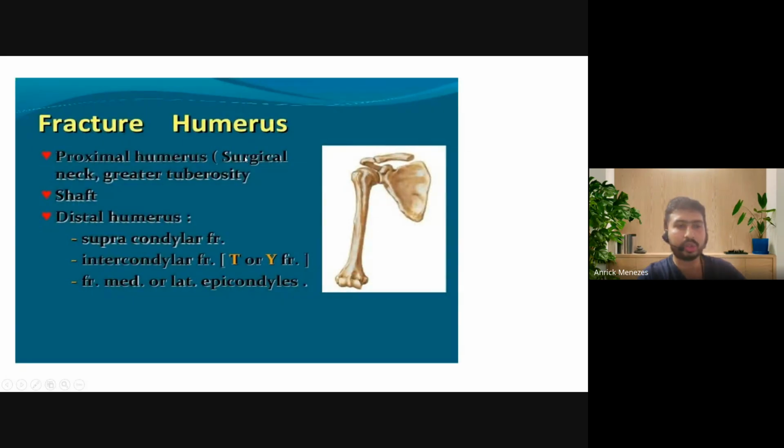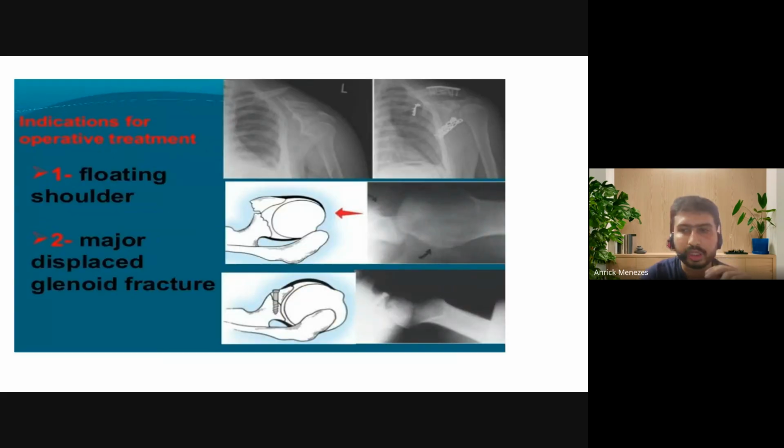Next, coming to the fracture of the humerus. You have your proximal humerus, where you have the surgical neck and greater tuberosity. I already told you the fracture of the humerus is divided into mainly three parts. Can someone tell what they could be? I did it in my slide, but if you remember, can you tell the three parts into which we divide the fracture of the humerus?